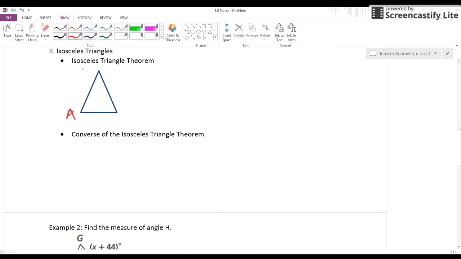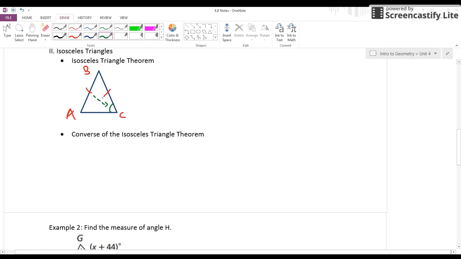We can have ABC, where AB is congruent to BC. What else would this tell us? Well, the isosceles triangle theorem says that if you have 2 congruent sides, we're going to have 2 congruent angles. And those congruent angles are going to be the base angles. The base angles are going to be the angles that these congruent sides point at.